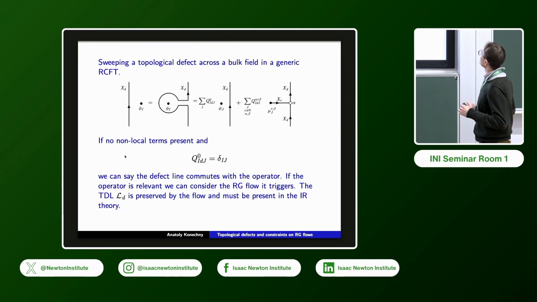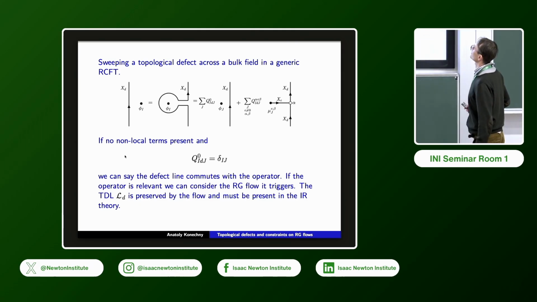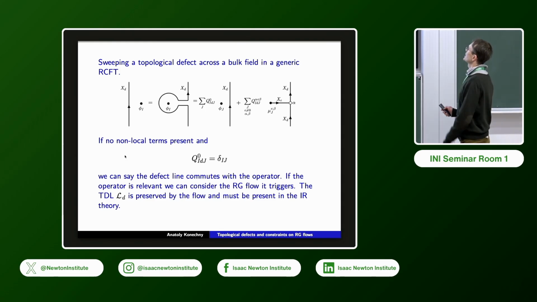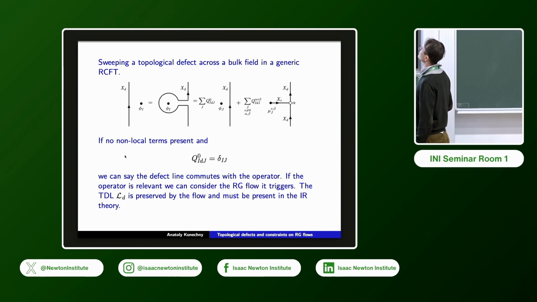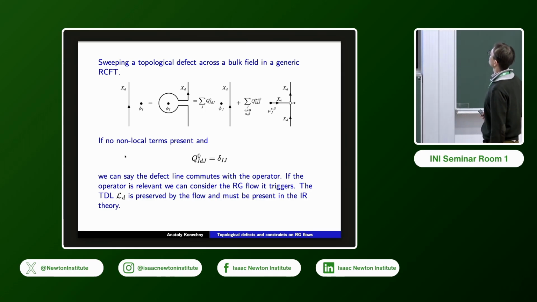So suppose now, in a generic situation, we have a CFT and we have local bulk operators, and we have a topological defect line X here. Then we can take this line and sweep it across, passing through the defect. So we will surround the defect like this, and then we'll shrink this to intervals to bring it to this picture.